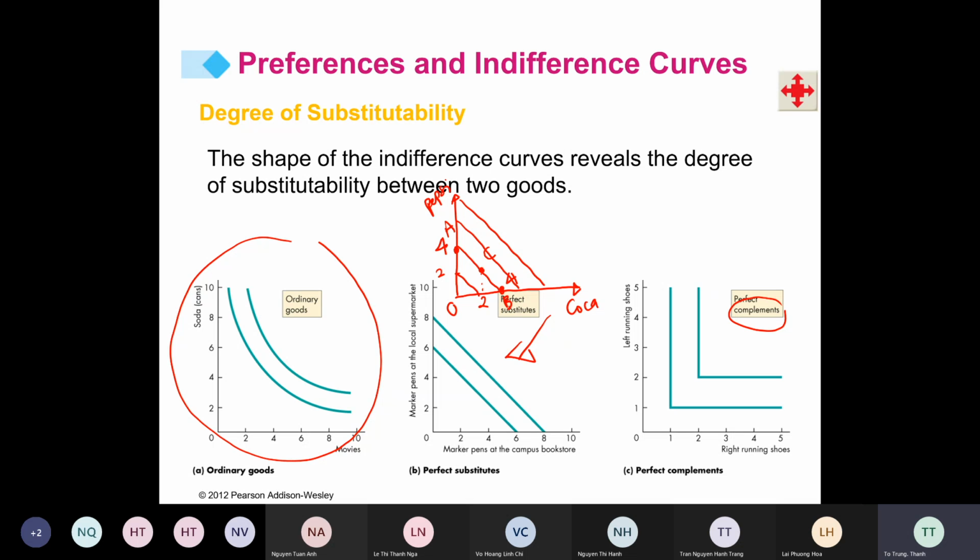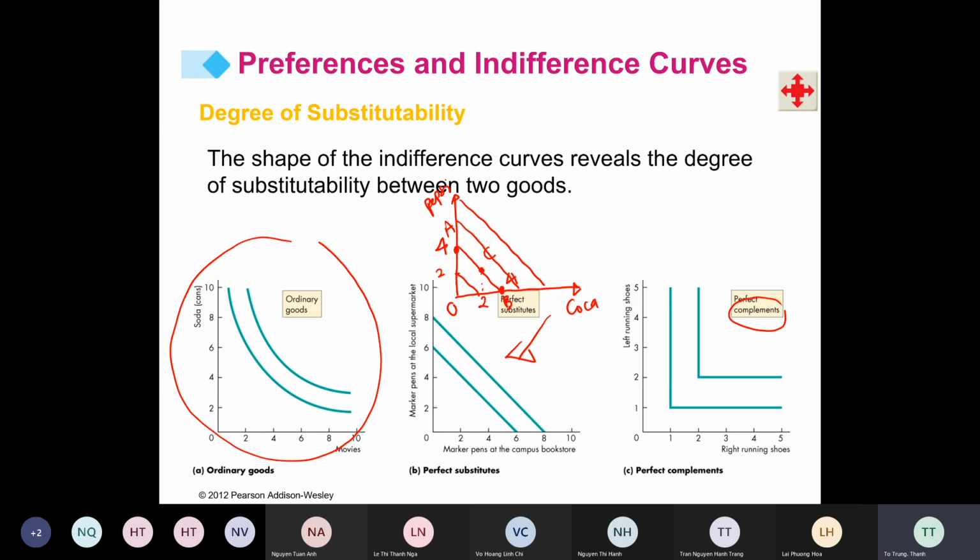Normally consumers buy this good and that good together. So what are perfect complements? Perfect complements mean the rate of using two goods in consumption at the same time is constant, and there's only one rate of combining two goods for consumption.